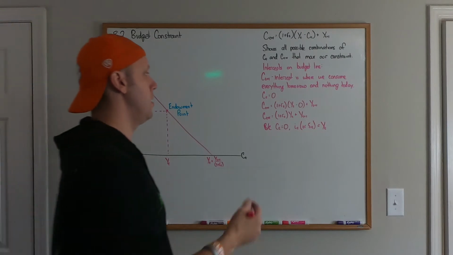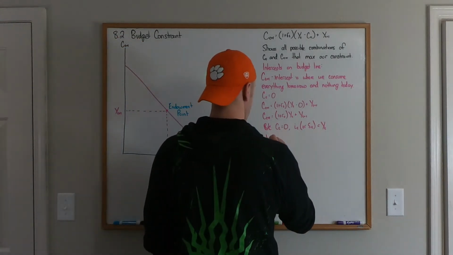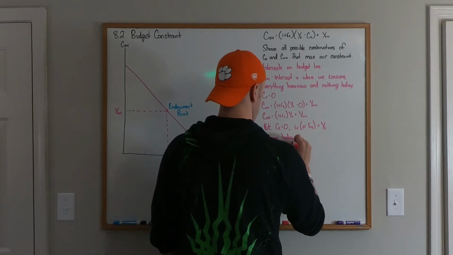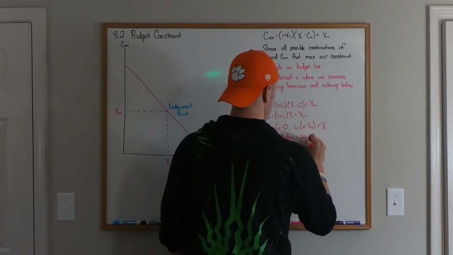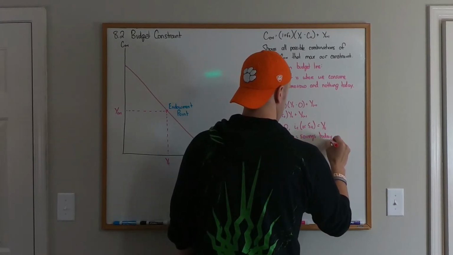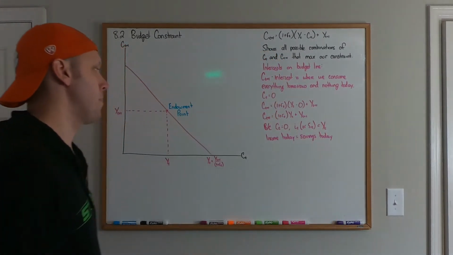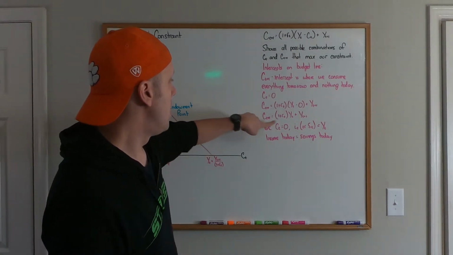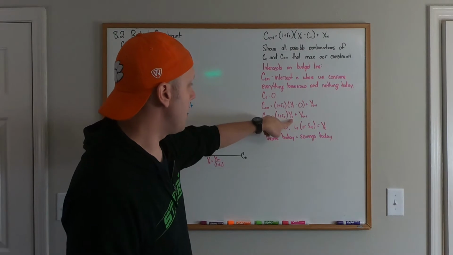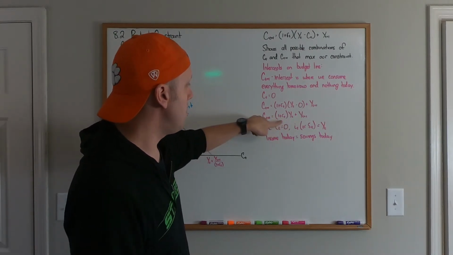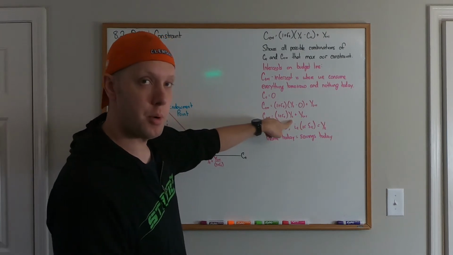So income equals savings. I literally save everything. So if I save everything, I consume nothing, what I get to consume tomorrow is 1 plus the interest rate times however much I saved.